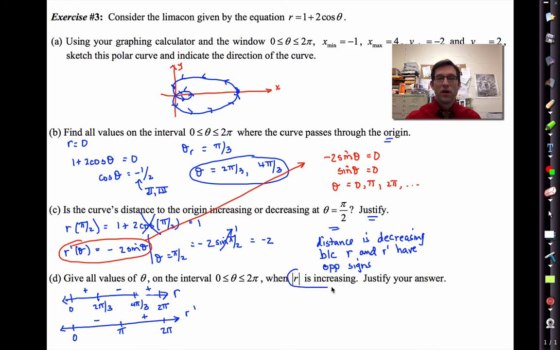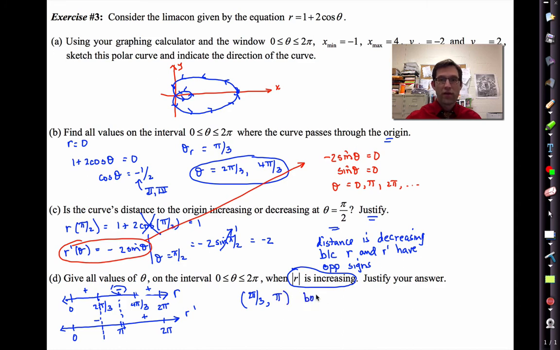All right, here we go. I'm looking for where the absolute value of r is increasing, where the distance is increasing. At first it's not increasing, because I've got opposite signs. But at some point, right in here, this thing stays negative, and this is negative. So in this area, they're both negative, from 2 pi over 3 all the way up to pi.